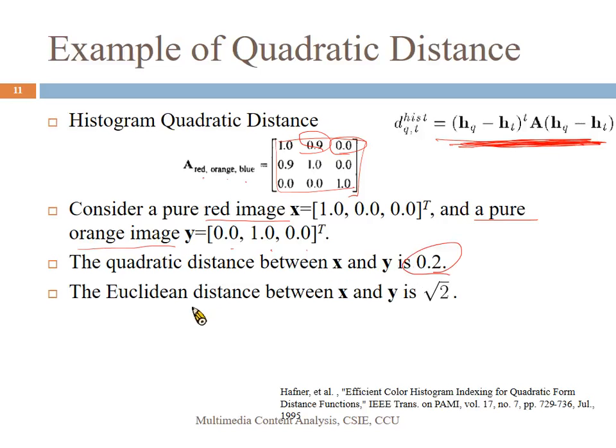And if we calculate the Euclidean distance, it would be square root of 2, which is around 1.414. So we can see that the quadratic distance is much smaller than the Euclidean distance, and this makes sense because the red image is similar to the orange image. So this is the effect of the quadratic distance.